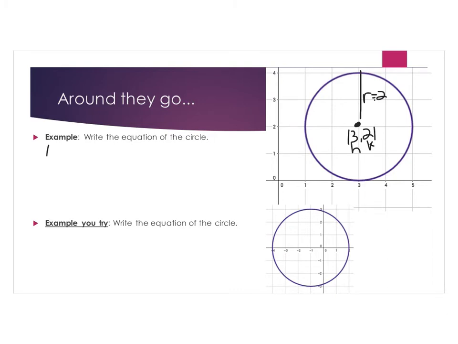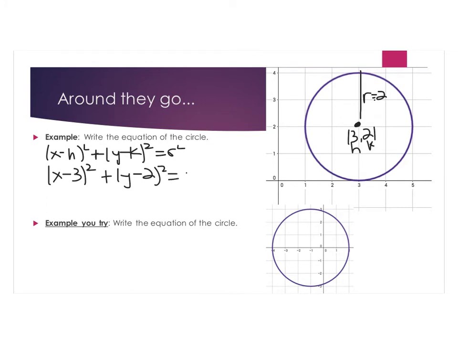Okay, so remember we have x minus h quantity squared plus y minus k quantity squared equals r squared, which is the equation for a circle. So we just plug in h, k and square the r. That's it. So x minus 3 quantity squared plus y minus 2 quantity squared, and the square of our radius is just 4.